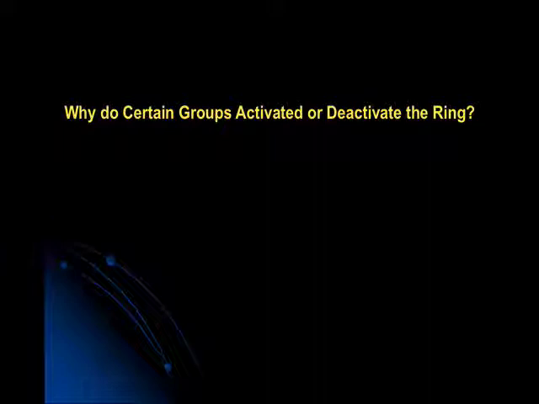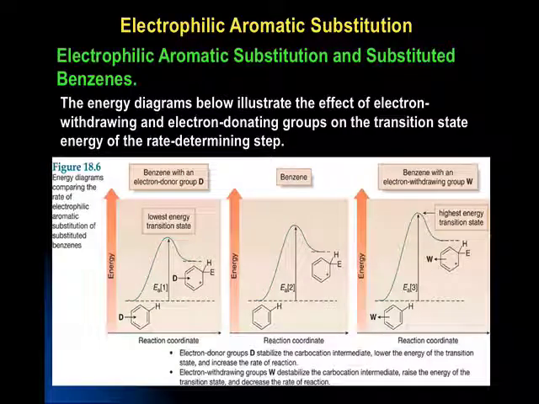Activators activate the ring by adding electrons to it through resonance or hyperconjugation, somehow. And so that's the easy way to understand it. That's how I actually understand activators and deactivators, okay?